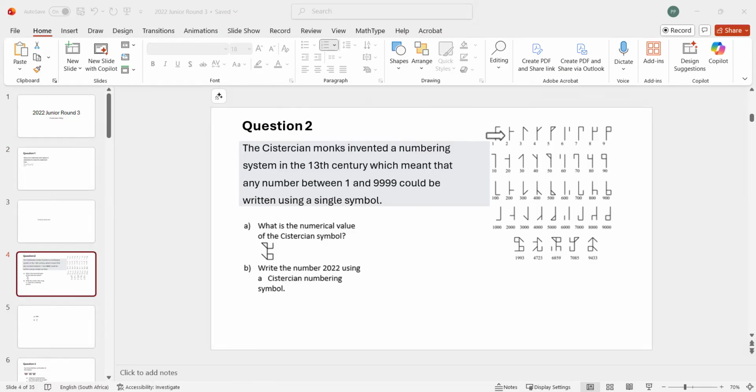As you can see, this one here is on the other side, and so on. So the 10, 20, up to 90 are the same symbols as that, but in the reversed order.